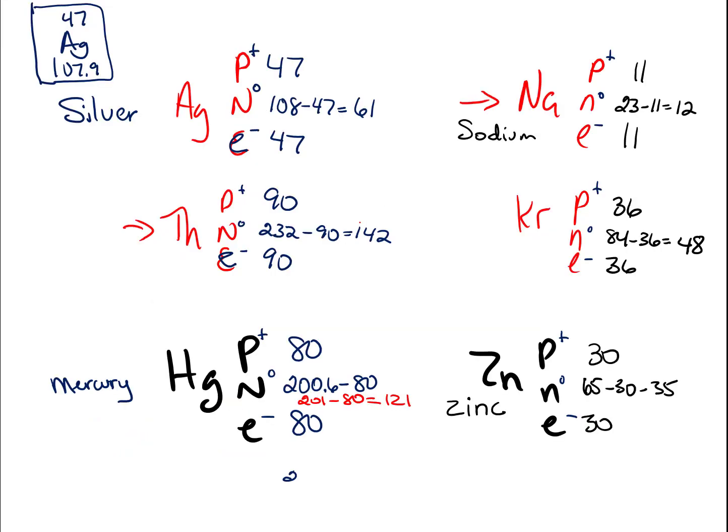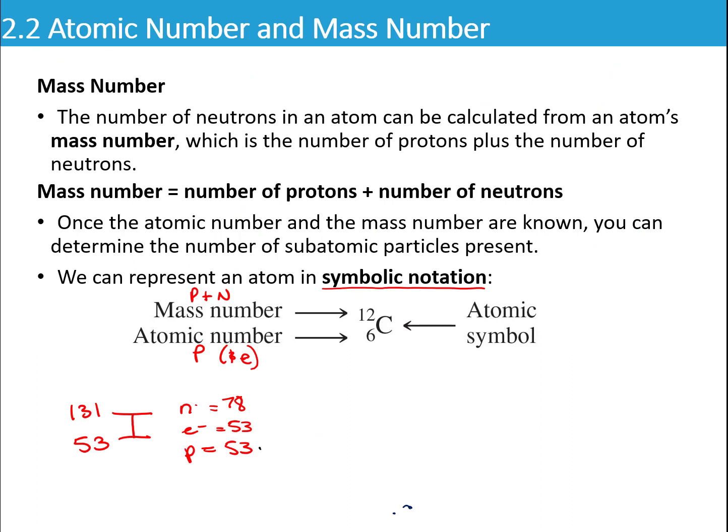So just do the math, just like we did before. But just remember, if you see it, it's always the bigger number that's the atomic mass. The smaller number is always the atomic number when we're talking about this.